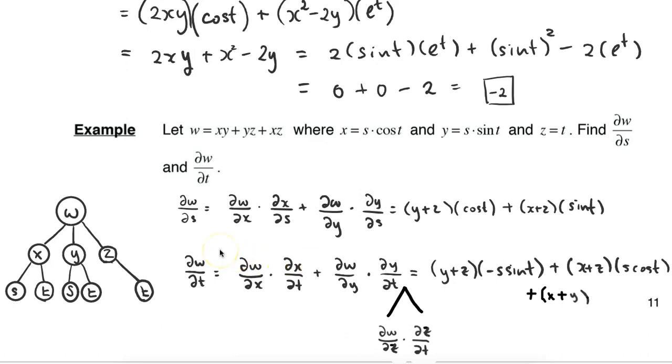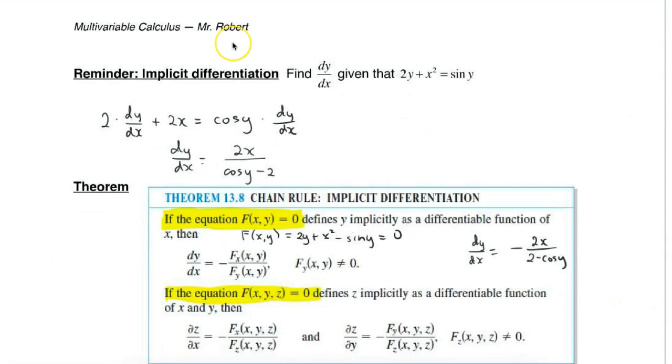Partial w, partial t has one extra step, because we can go to t in 3 different places. Notice that for the very last one, we could write dz/dt instead of partial z, partial t, since it's the only variable accessible. And dz/dt is equal to 1, so this is why there's nothing here, it's times 1.